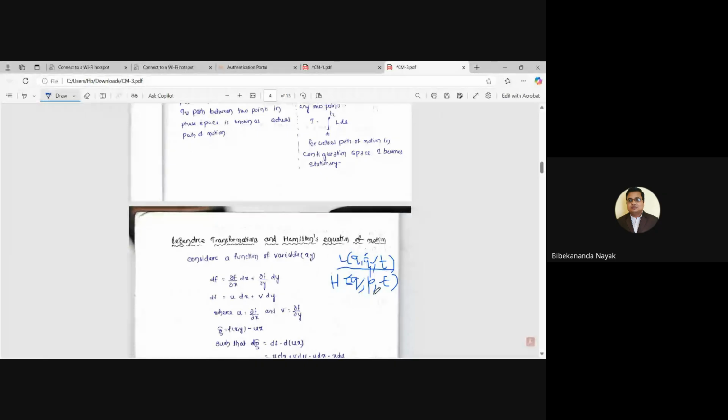We have an expression for H. You remember we calculated Hamiltonian from Lagrangian. H is equal to the summation over j of pj qj dot minus L.